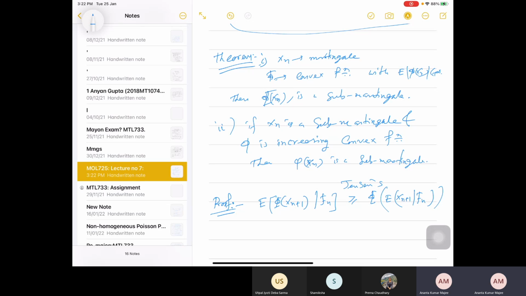Now Xn is a martingale, so this is the same as Xn almost surely. So we have the expectation of phi of Xn plus 1 given F of n greater than or equal to phi of Xn. So this implies phi of Xn is a submartingale.